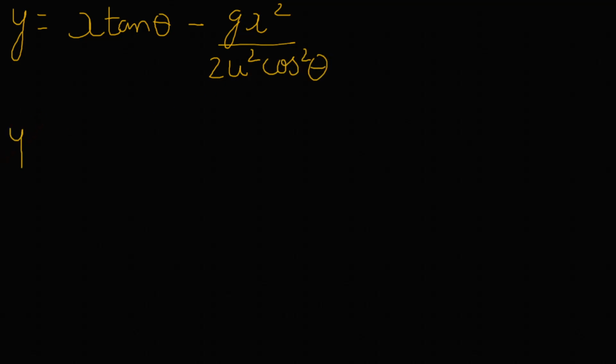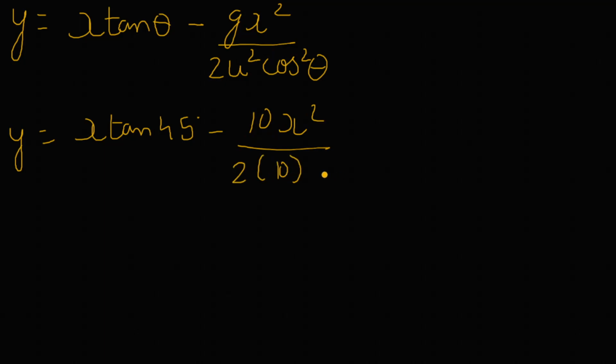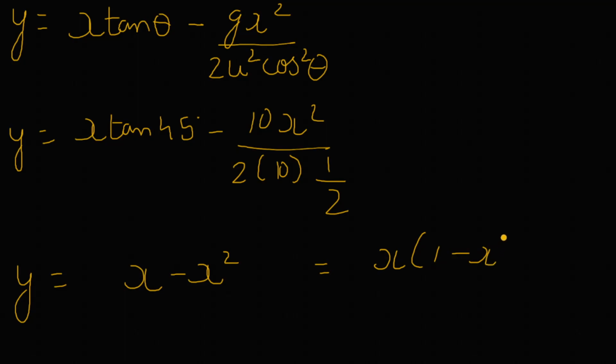So we get y equal to x tan 45 minus, let's take g as 10, 10x square by 2 into root 10 square is 10, and cos 45 is 1 by root 2, so squaring it we get 1 by 2. So simplifying, we get y equal to x minus x square, which is x into 1 minus x.